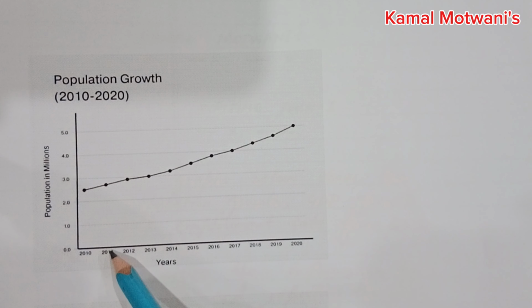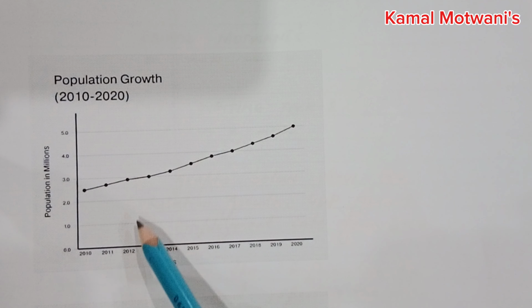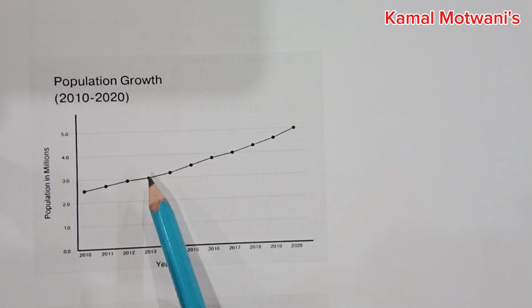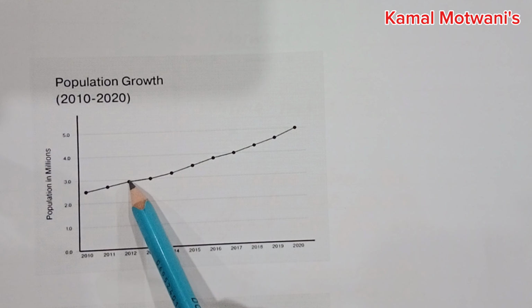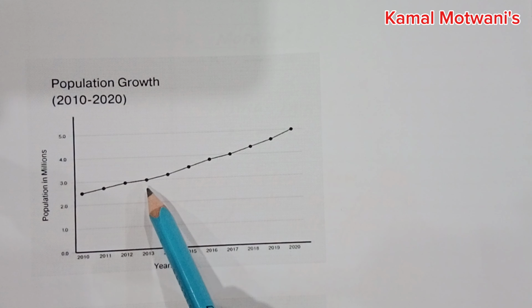Then in 2011 it is around 2.7 million, and in 2012 it is around 2.9. You can see here is the line for 3 million, but it is a bit below 3 million. So in 2012 it is 2.9 million approximately. Okay, then in 2013 it is exactly 3 million.